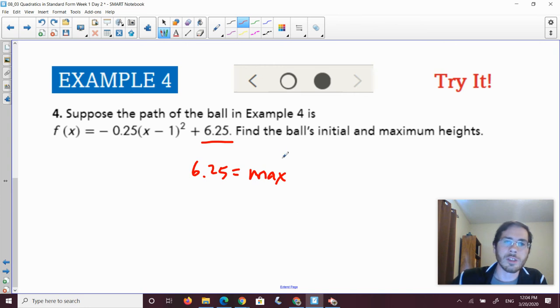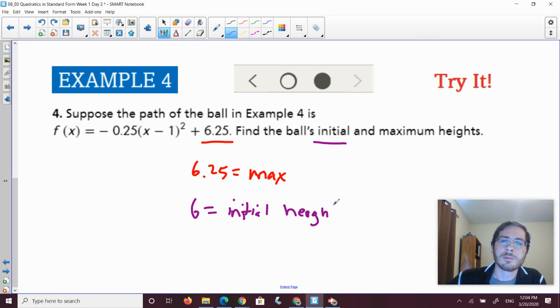So that's it. We can just say that the initial is 6. There we go. So the initial height is 6.